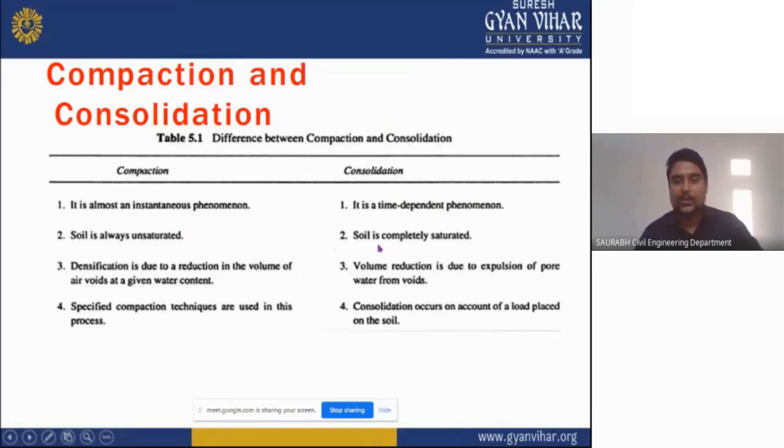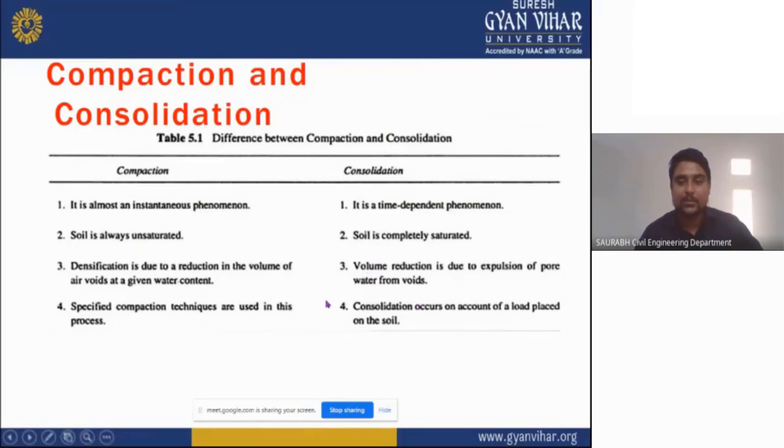Here, in consolidation, the soil is completely saturated. And the third difference is that densification is due to the reduction of the volume of air voids at the given water content. Here, volume reduction is due to the expulsion of the pore water from the voids.